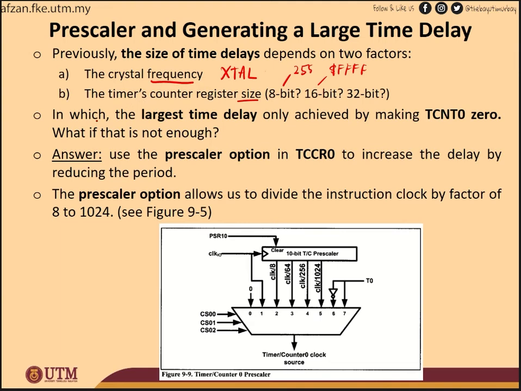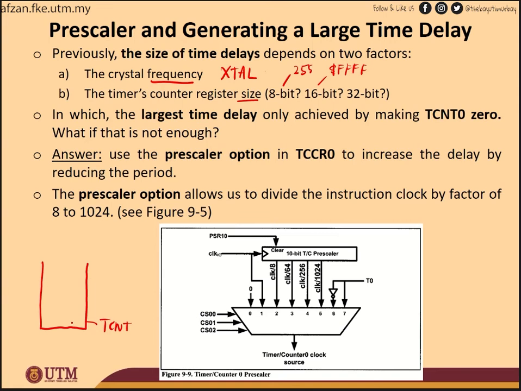The largest time delay is only achieved by making the TCNT 0. So how to get the largest time delay? By using the overflow method. To make the largest time delay, you need to empty your TCNT.